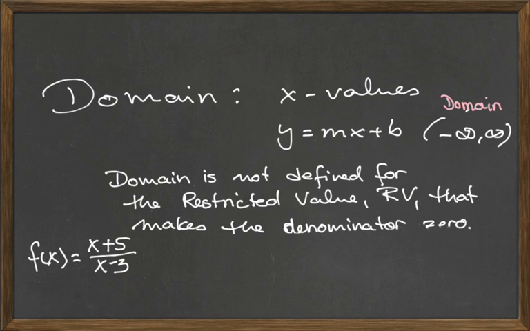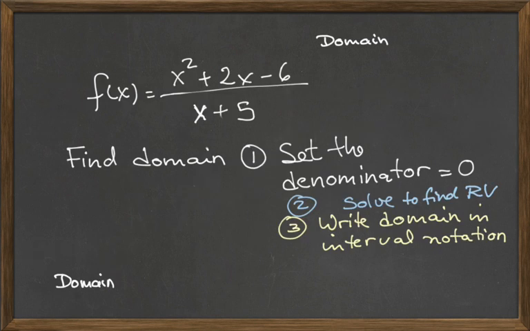How many students always look in the numerator? Too many. So here's a problem. Looks pretty intimidating. F of x equals x squared plus 2x minus 6 over x plus 5.